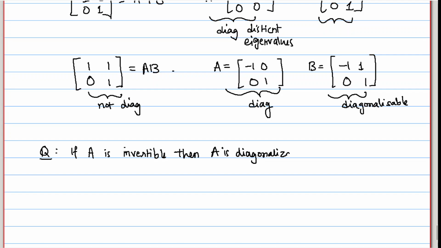That is the question. And it's actually false, because take A to be this. Then what will be the inverse? The inverse will exist, so this is invertible, but this is not diagonalizable.